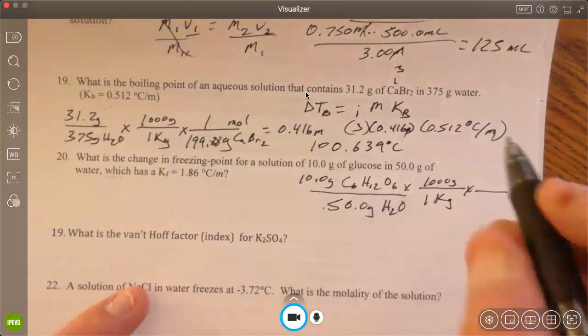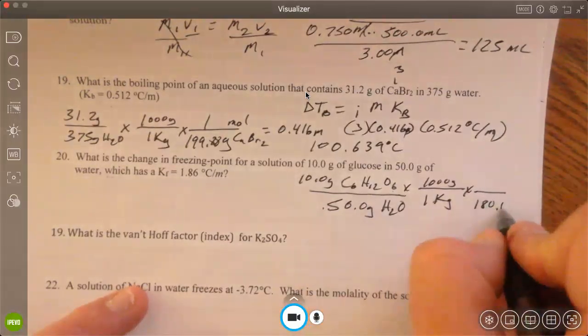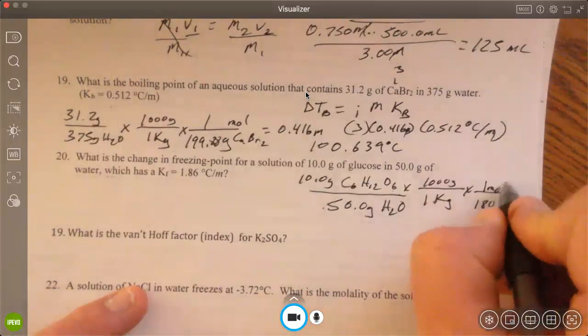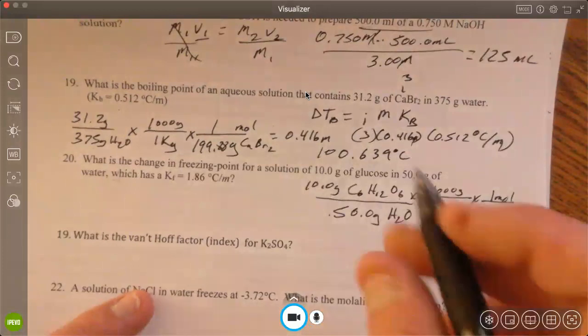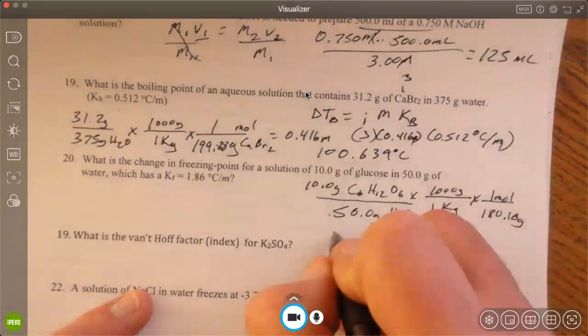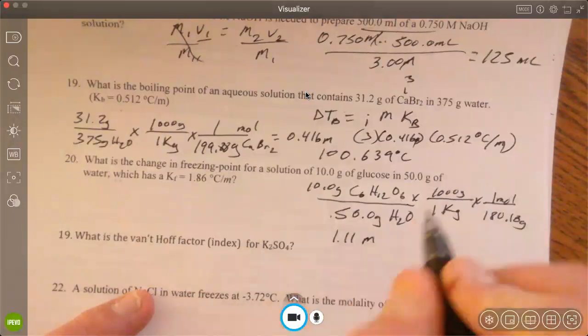It's 180.18. This is the molar mass of glucose. That's equal to 1 mole. 10 divided by 50 times 1,000 divided by 180.18. It's about 1.11. So we get 1.11 for our molality.